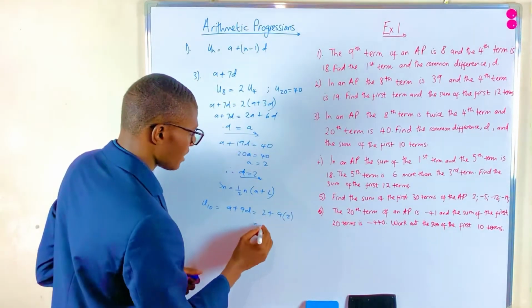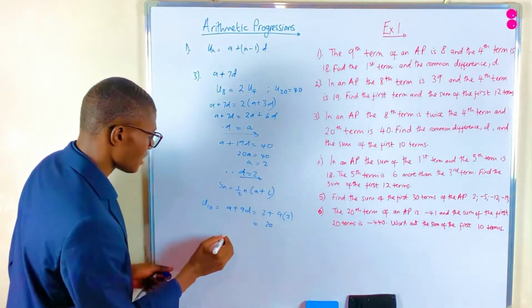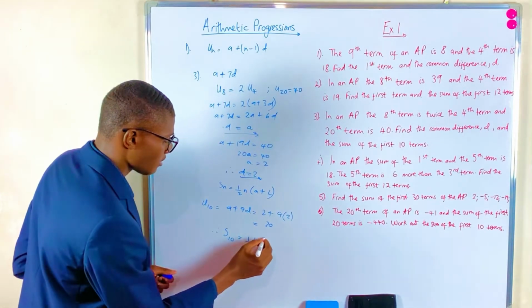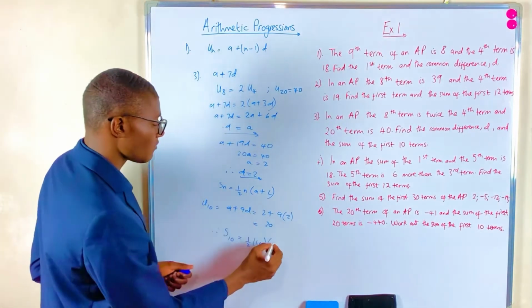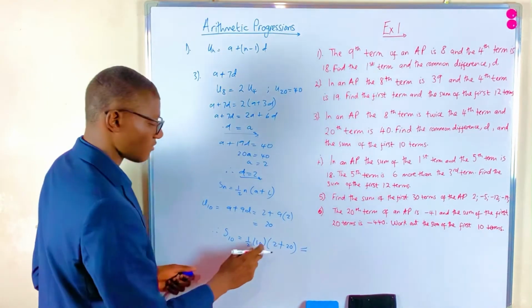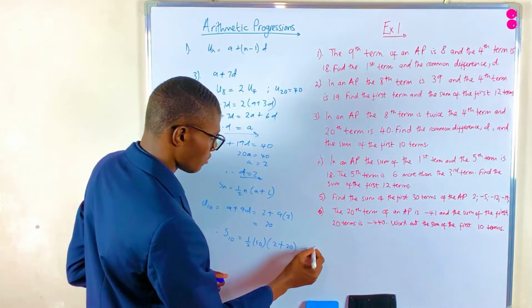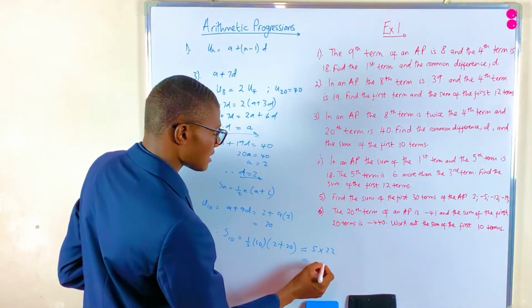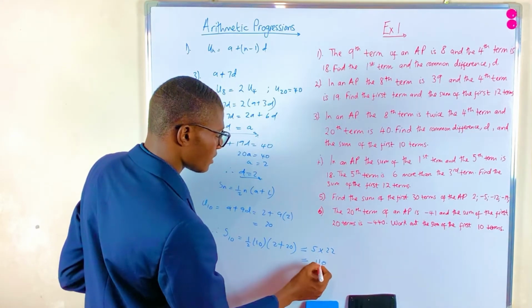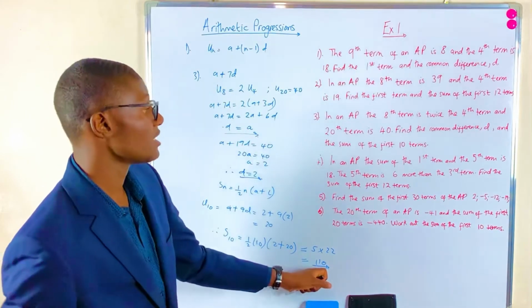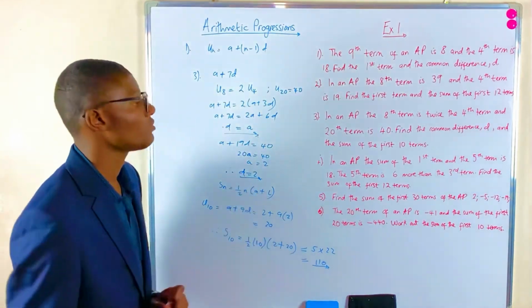So 2 plus 18, that's 20. So the sum of the first 10 terms would be half times 10 multiplied by the first term 2 plus the last term 20, which is 5 times 22, to give us 110. So 110 would be the sum of the first 10 terms, and the common difference would be equal to 2.